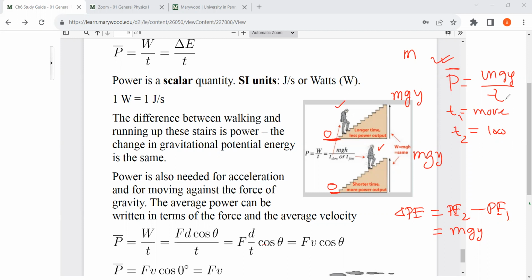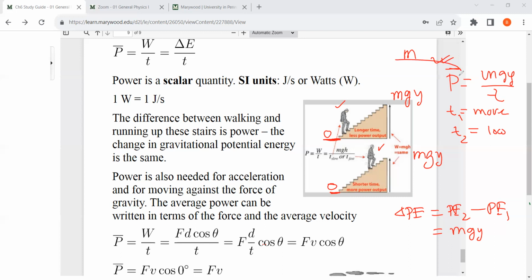When a person is walking quickly, the time in the denominator is small, so the power is more. So in this problem, the second person is using more power to walk from the bottom to the top.